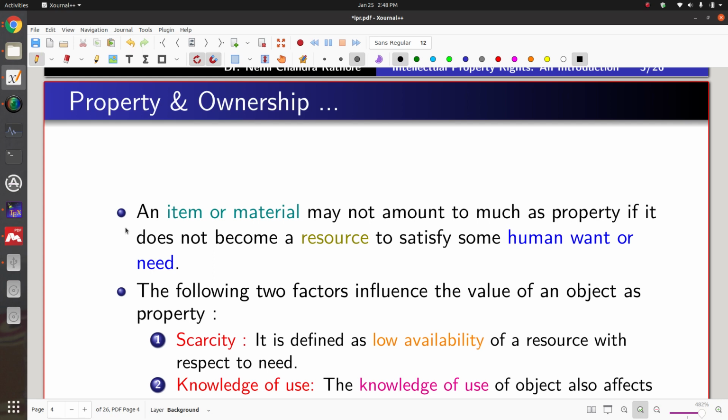But there may be some things that may not be regarded as property, though nowadays there are a lot of things available in nature that can be useful. So most things can be thought of as property. However, there are certain resources that cannot be owned by normal people.